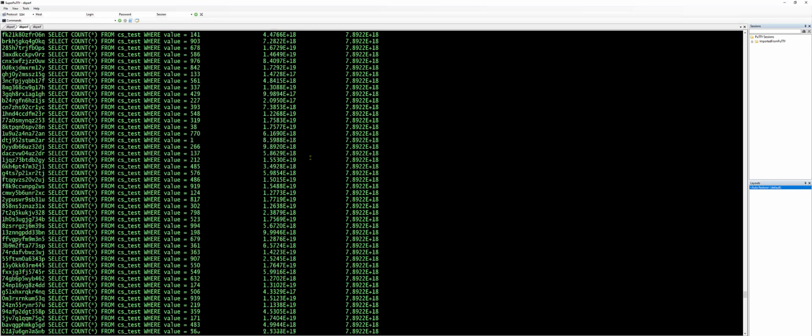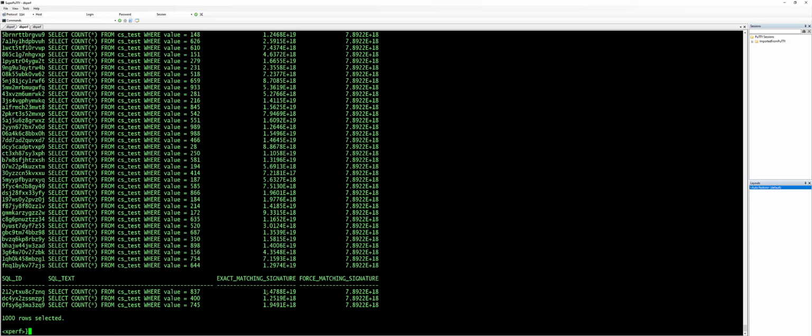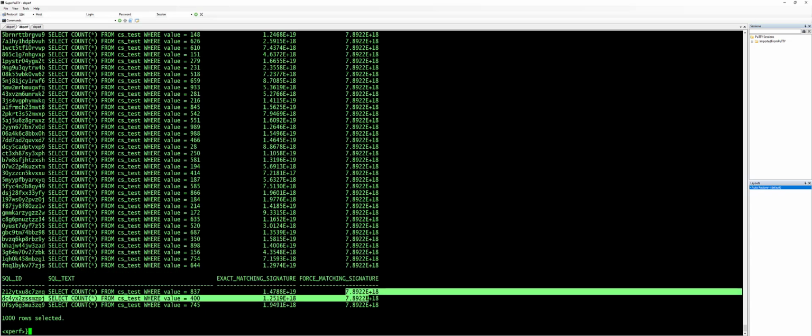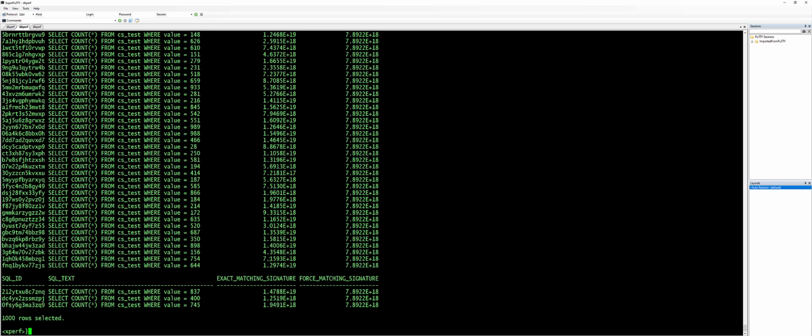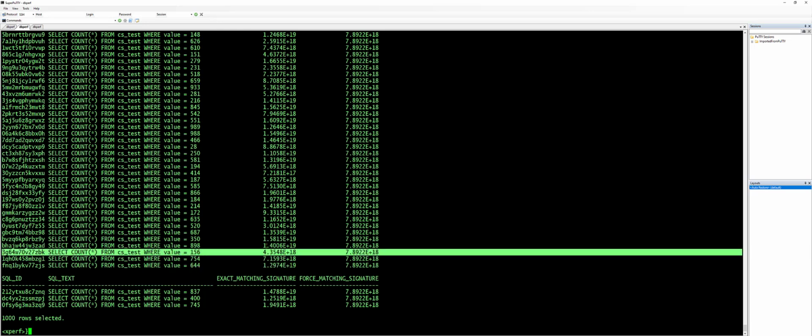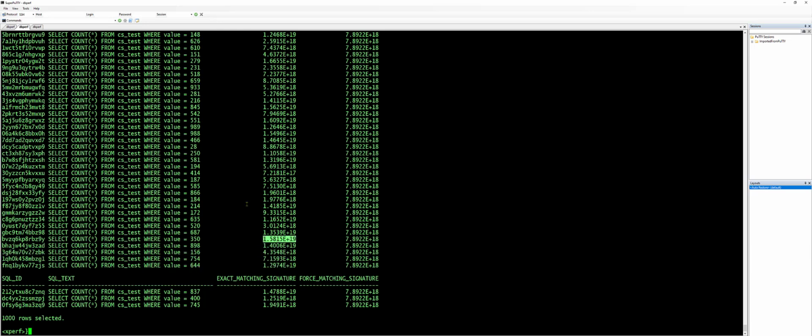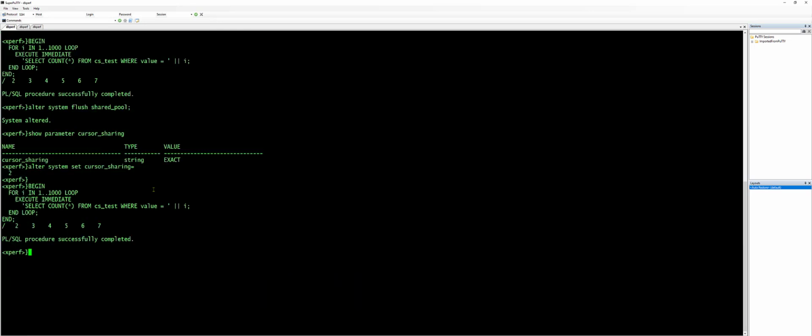If you see, the exact matching signature is different, but the force matching signature is the same. There are other things to be explained here, but to be simple, Oracle forces the match for all these SQLs, because only the text is similar, but all the numbers are different. So obviously the exact matching signature will not be the same. Based on the signature, Oracle determines whether the SQLs can be shared or not.